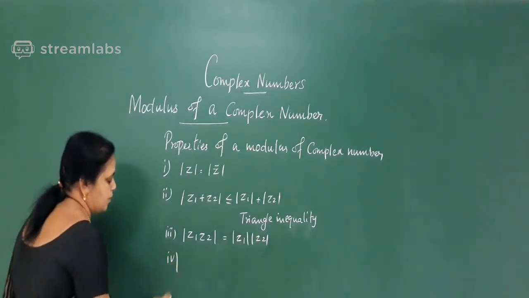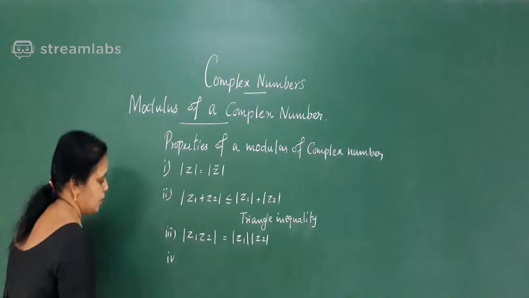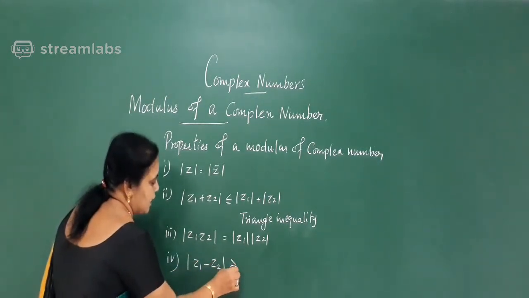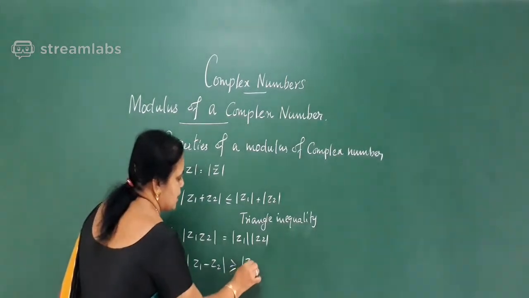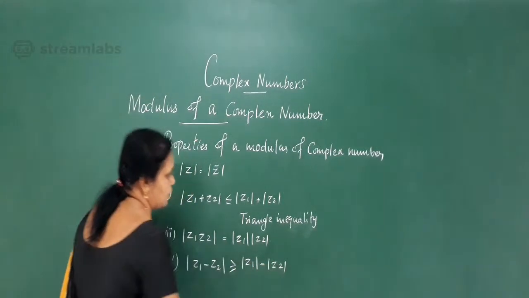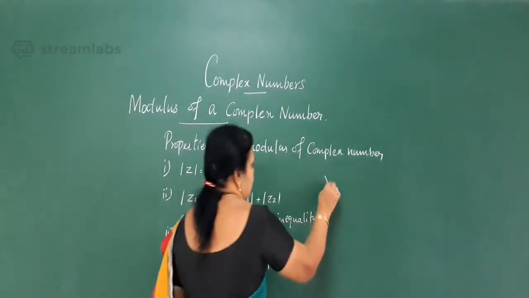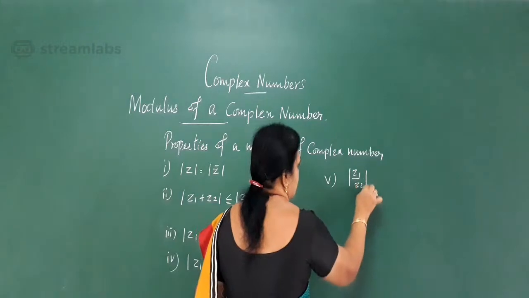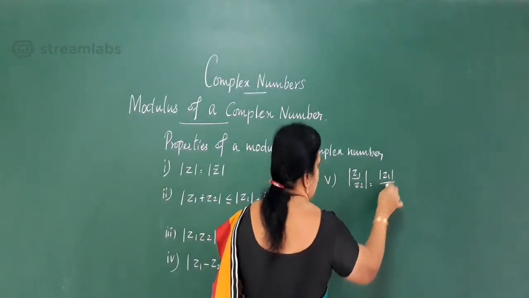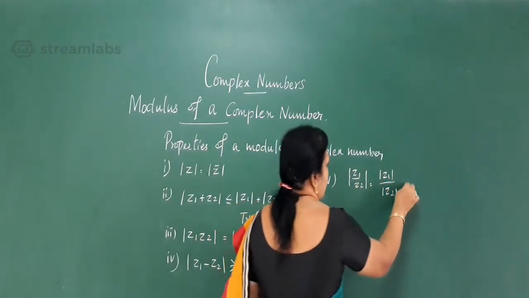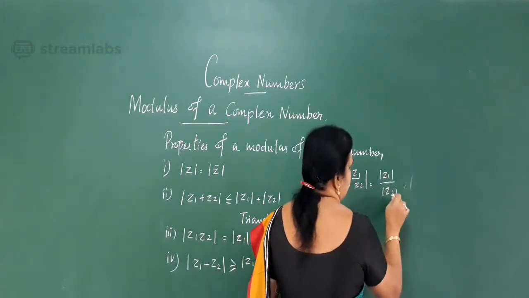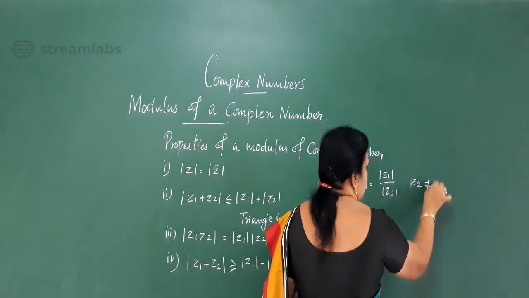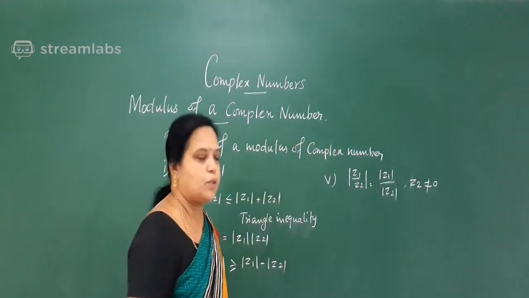Then fourth one, modulus z1 minus z2 is greater than or equal to modulus z1 minus modulus z2. Modulus z1 by z2 is equal to modulus z1 by modulus z2. Here modulus z2 is in the denominator, so z2 should not be equal to 0.